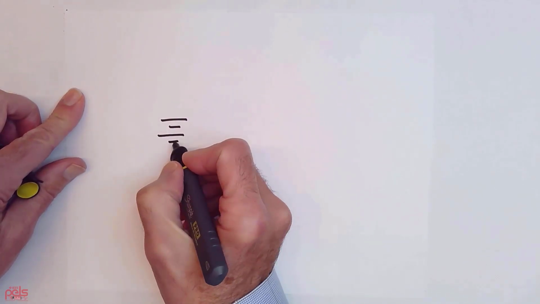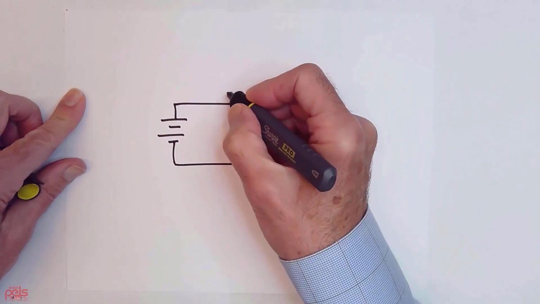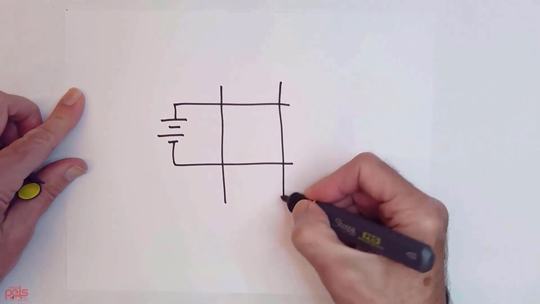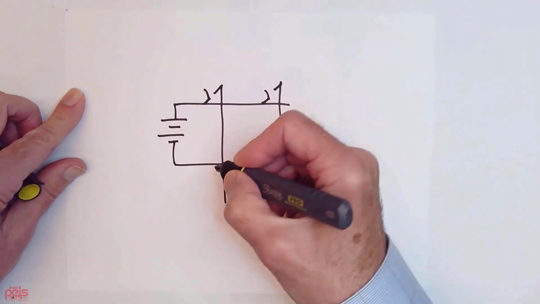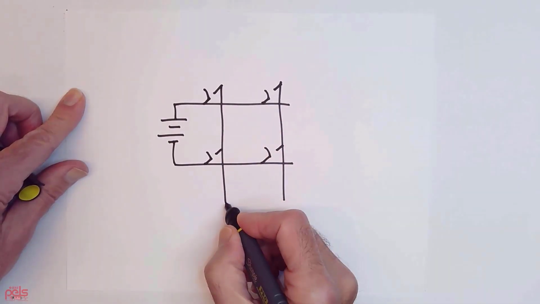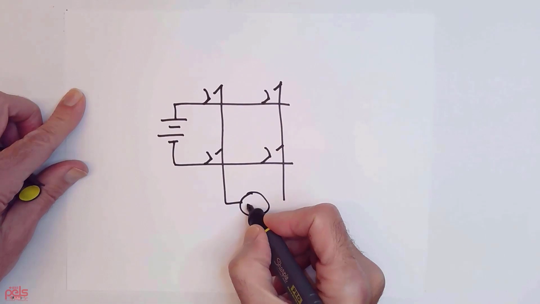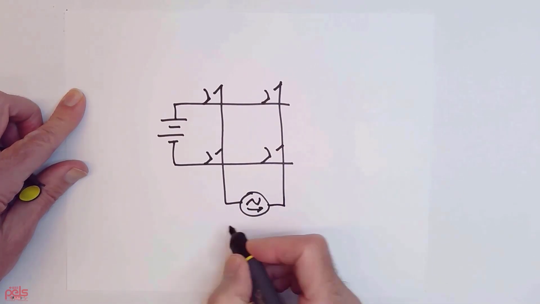where I would have, say, a DC voltage source being converted, and here we have symbol problems, but I hope you'll manage to bear with me, to an AC load, which is going to be basically an AC current source.